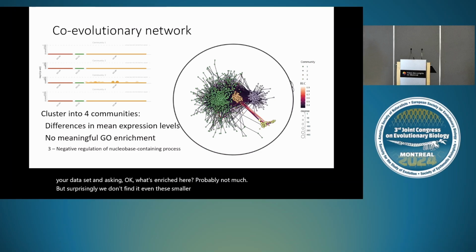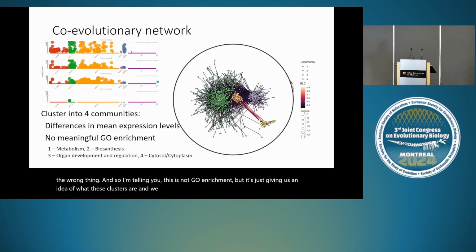If we relax GO assumptions and do the wrong thing, and I'm telling you this is not GO enrichment, but it's just giving us an idea of what these clusters are, and we ask, among all Drosophila genes, what do we find that's related here? Well, we do find some kind of descriptions that seem to align with each cluster.